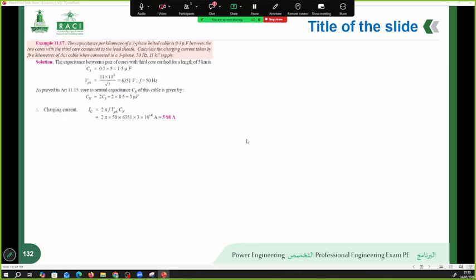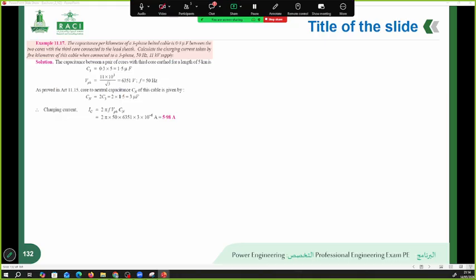It calculates the maximum and minimum electrostatic stress, capacitance per kilometer, and charging current. So we will have these capacitance equations finally.